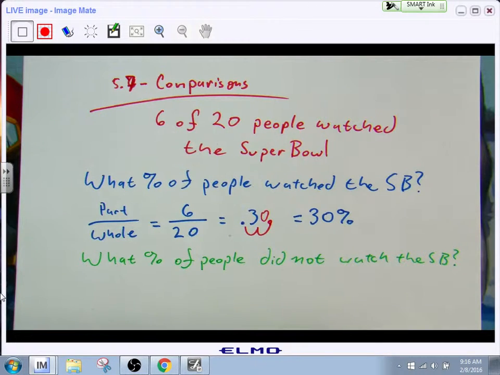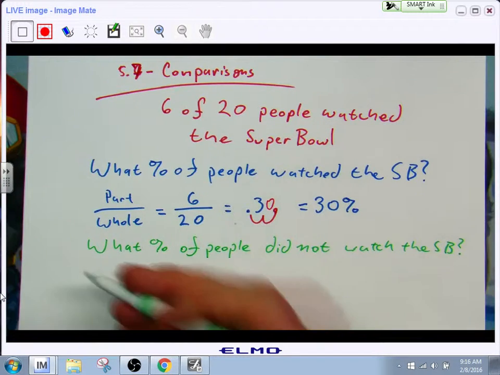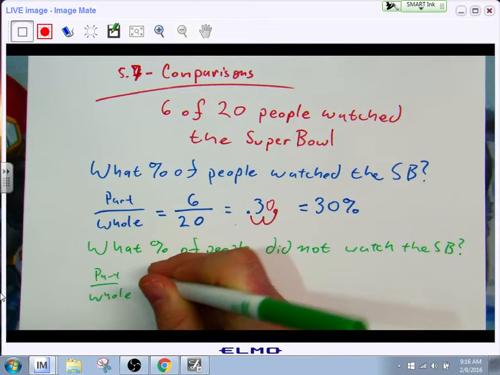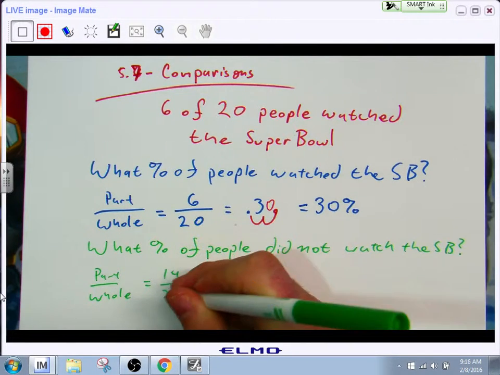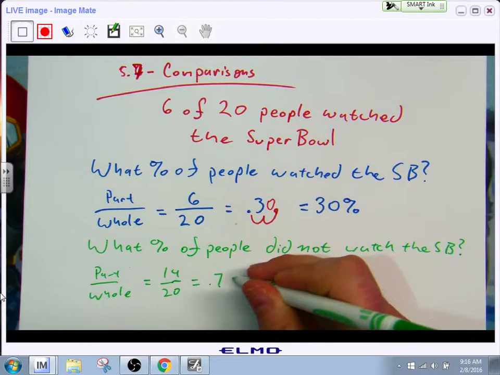Now we have multiple ways to find this. We could do the way that we just did, right? We take the part over the whole. We end up with 14 over 20. How did I get 14? Yeah, I subtracted 6 from 20, and that would give me 0.7 or 70%.